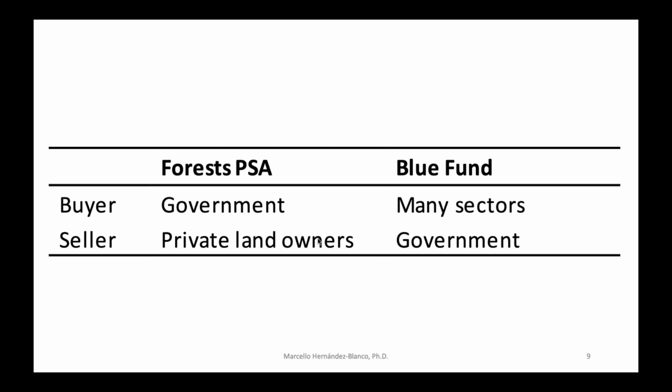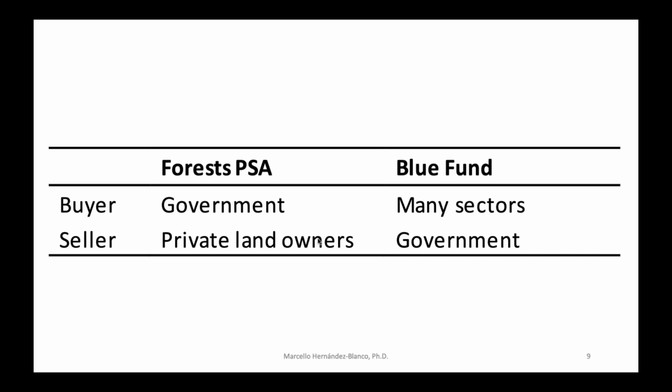And then we have many sellers, which are the private landowners, those that have some forest on their properties or that own a big portion of forest. Those are the ones selling the ecosystem services. In the case of Costa Rica, the scheme is based on 4 ecosystem services, set in the forest law: water provision, scenic beauty, biodiversity, and carbon sequestration.